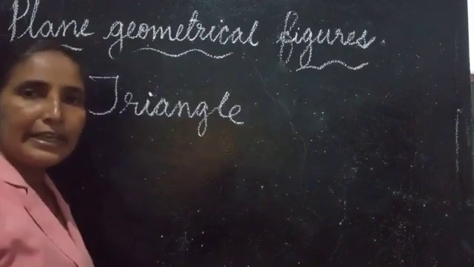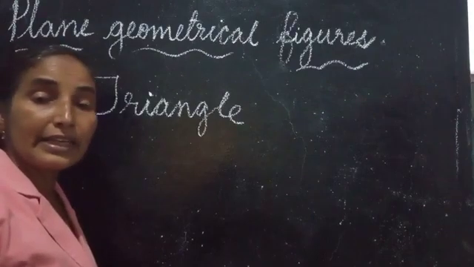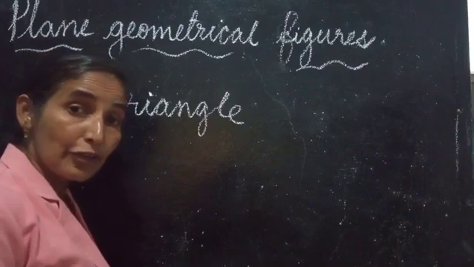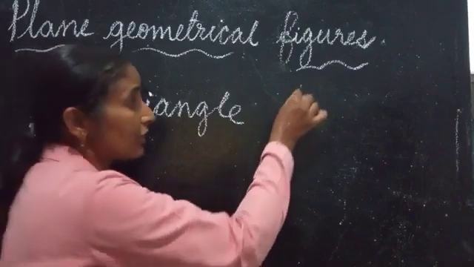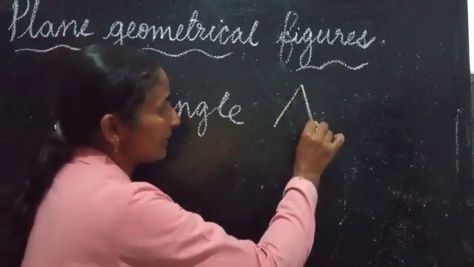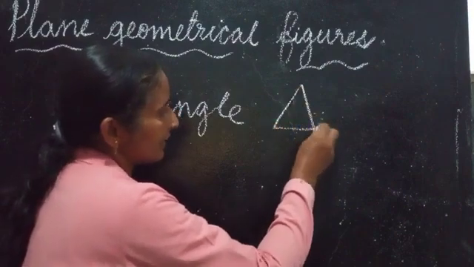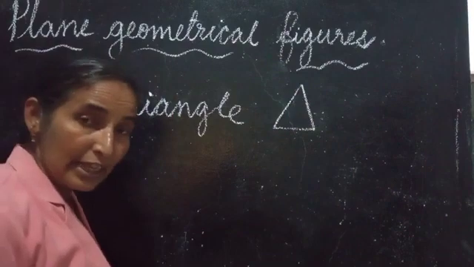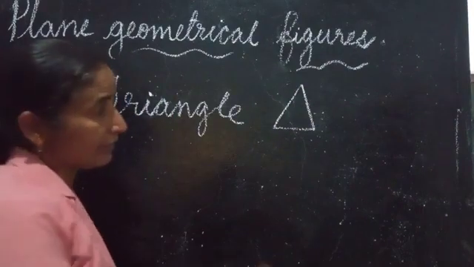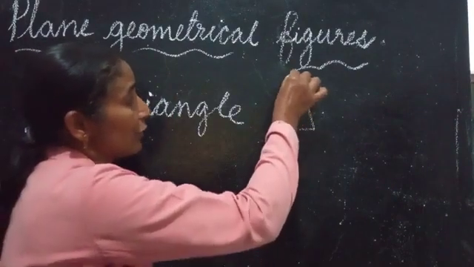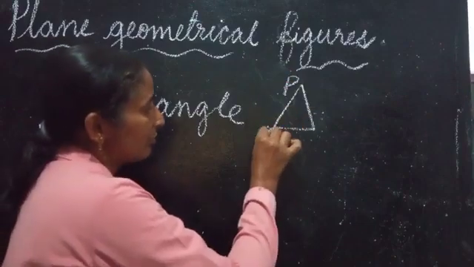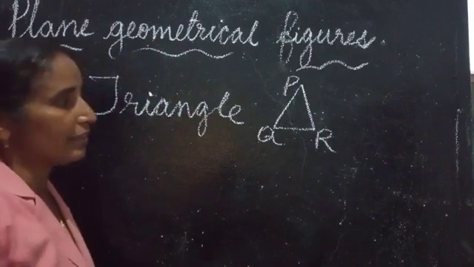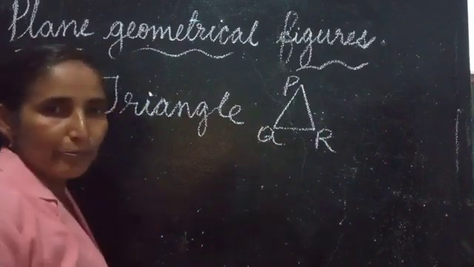How many sides are there for a triangle? Very good, 3. You have learned it in first standard and even in second standard. This is a triangle. We can name this shape with capital letters, so this is triangle PQR.